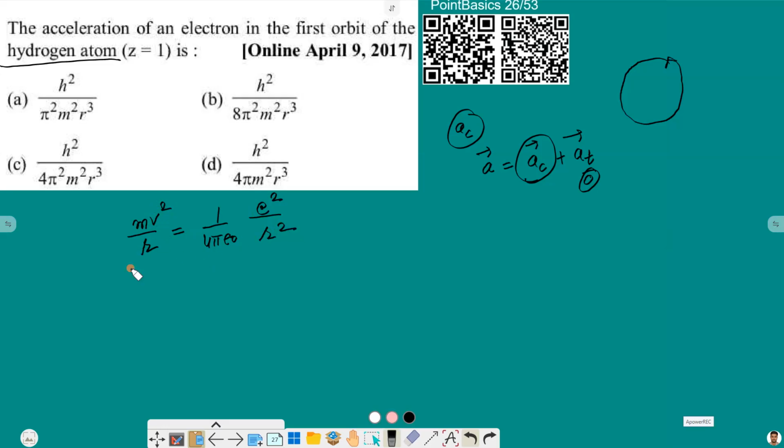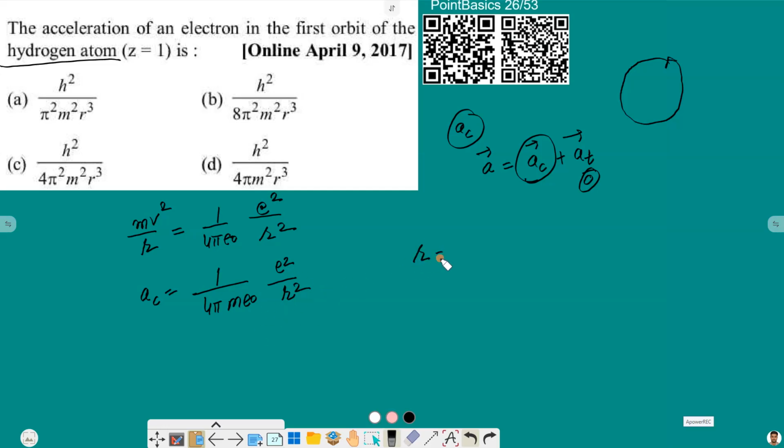Now we know that centripetal acceleration is basically v square by r, so ac will be equal to 1 by 4 pi m epsilon naught into e square by r square. Now if we see, none of the options have a similar type of equation, so what we will do, we will substitute e here. Oh, not e, sorry, we have to substitute r.